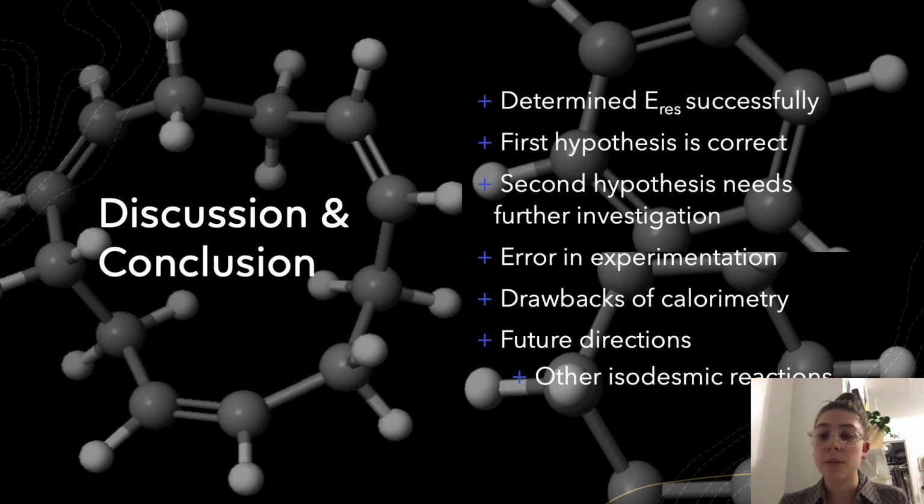There's always somewhat of a drawback with calorimetry that we need to note, and that the results are very reliant on the experimental setup, and it requires the maintenance of variables except the temperature to remain completely constant, so this can often be very difficult and brings up a point that could be targeted for further improvement. I also think that it would be interesting to explore other isodesmic reactions to see if they can be analyzed using Hess's law in the same way that we did for this experiment.